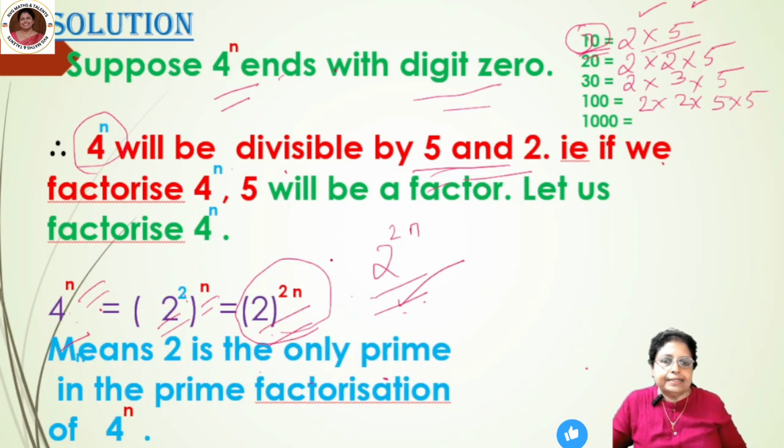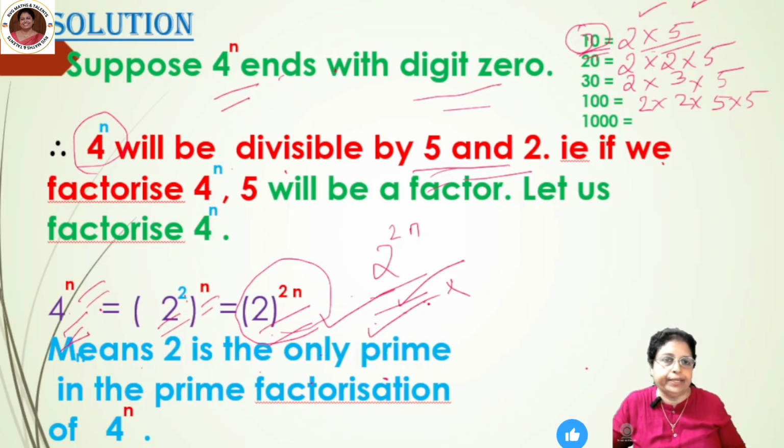The Fundamental Theorem of Arithmetic says that you can factorize this 4 raised to n in a unique way, so this factorization is unique. That means we cannot find 5 as a prime factor for 4 raised to n.